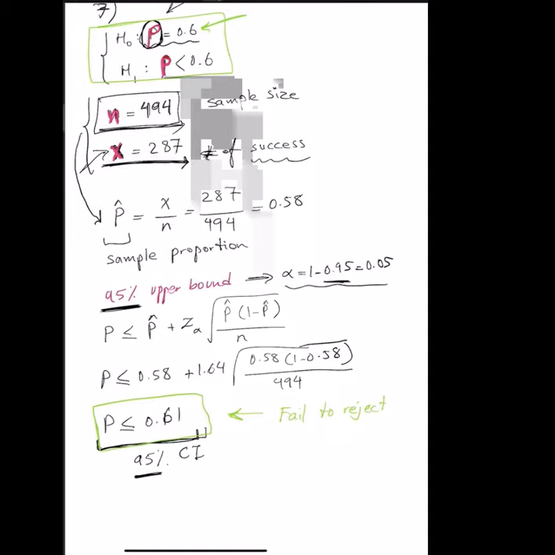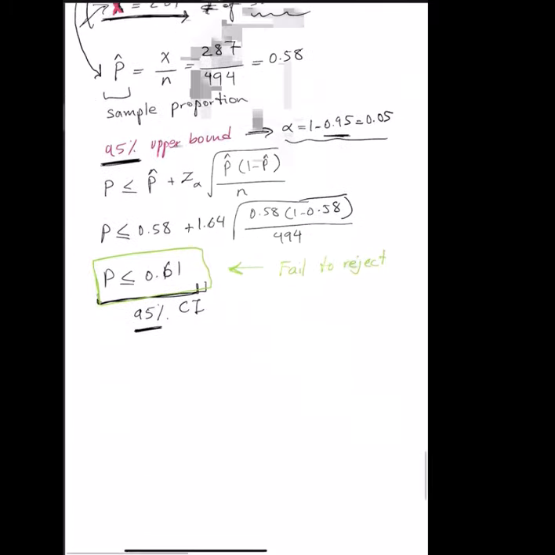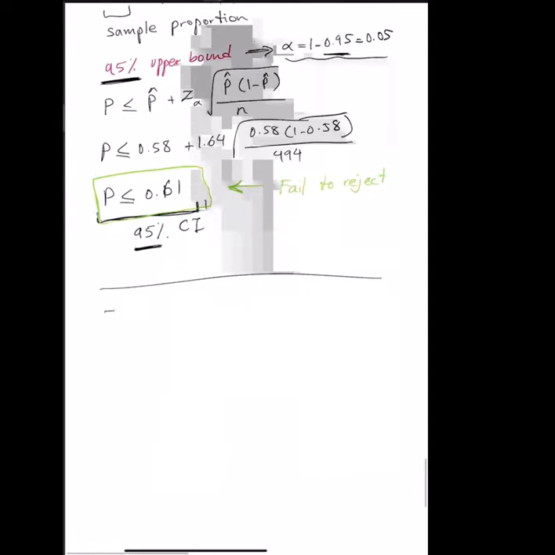For a proportion of the population, when we want to test p, the test statistic has a Z distribution.